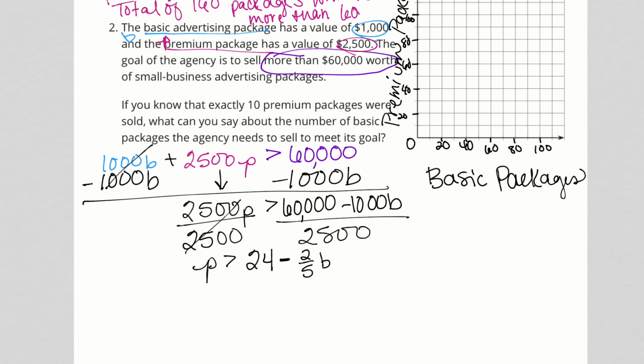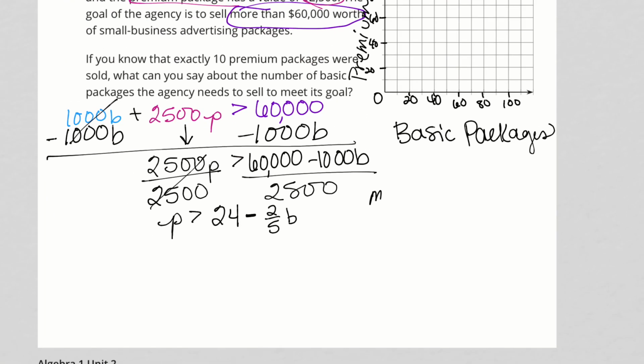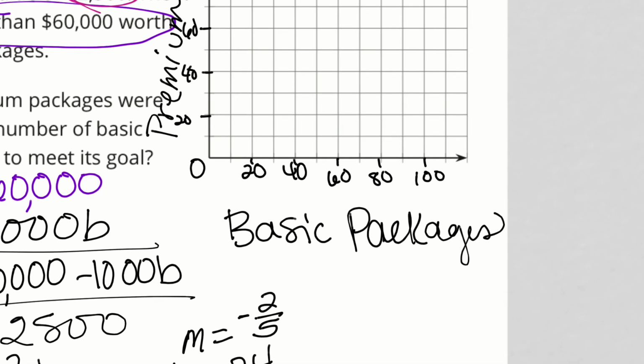Okay, so where are we going to go to? Our intercept is 24. What's our slope? Negative 2/5. So we're going to go up to 24. Where is that going to be in here?